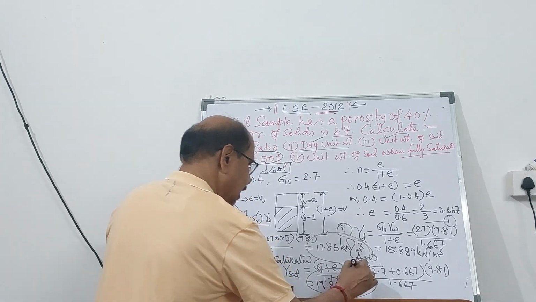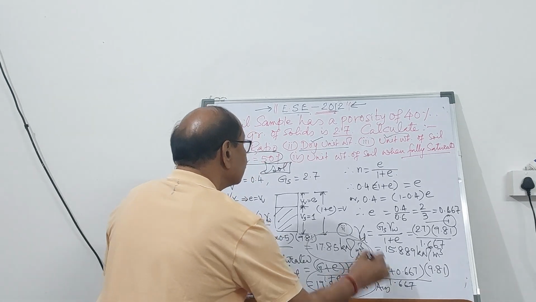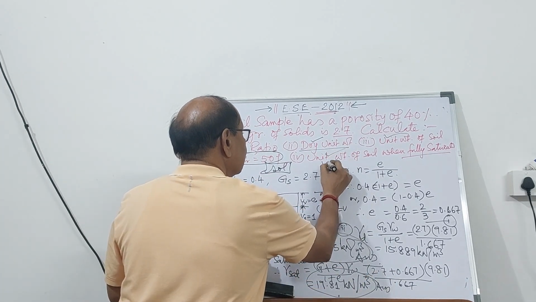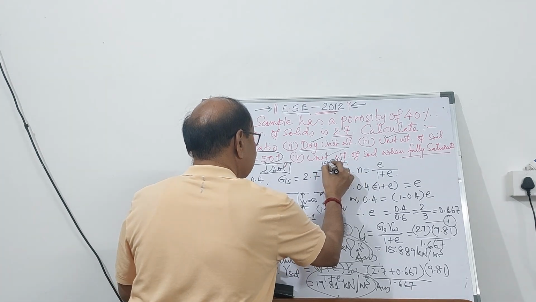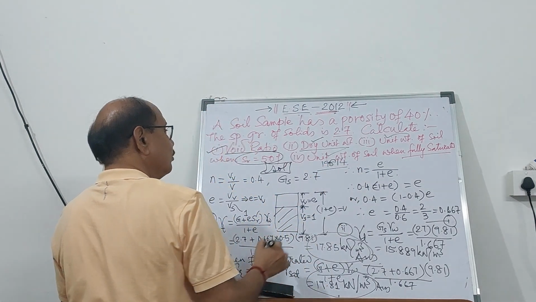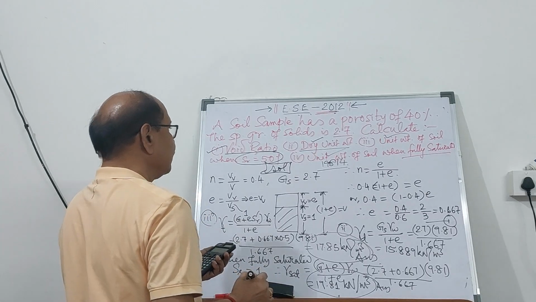So this becomes the answer. So this is also known to you, 19.814 to be precise, 19.814 kilonewton per cubic meter.